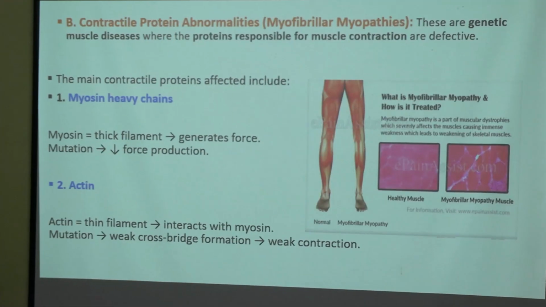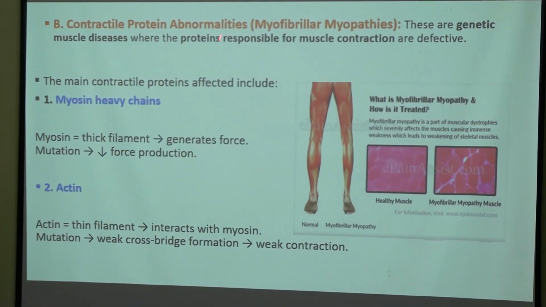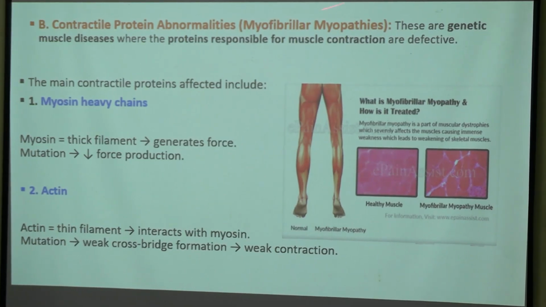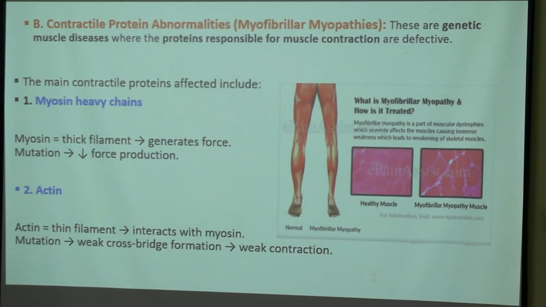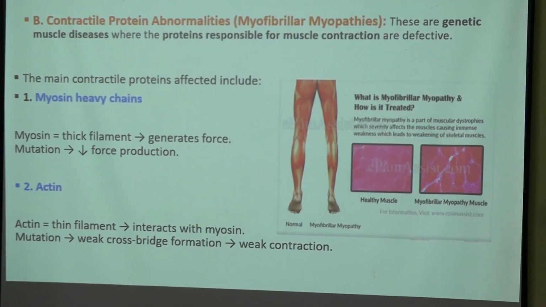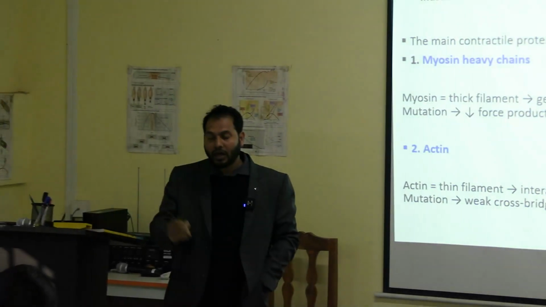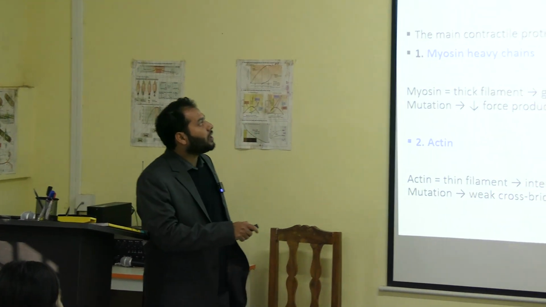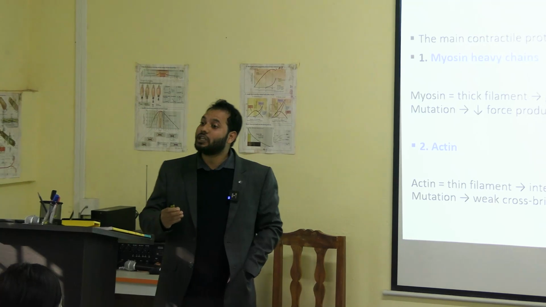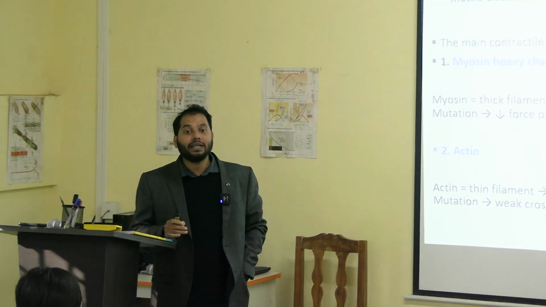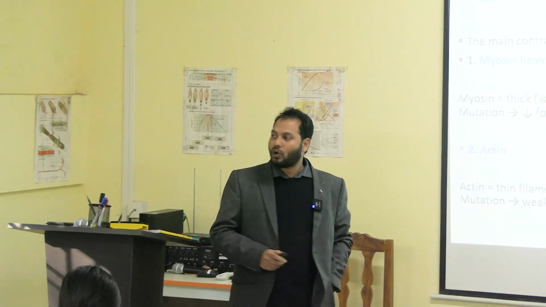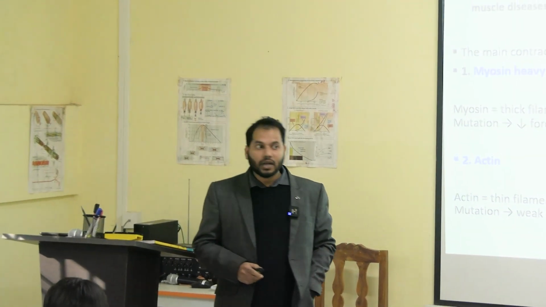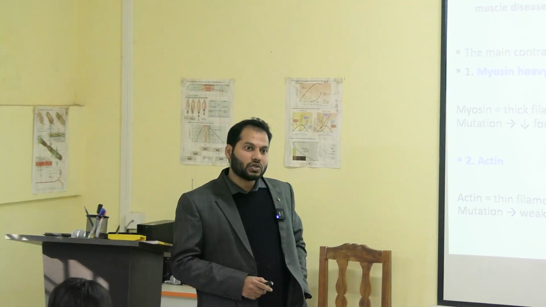Now another important type is contractile protein abnormalities, which is also known as myofibrillar myopathies, right? So this is again another important type of myopathy. In the previous case we saw a defect in the sarcolemma, but the feature of myofibrillar myopathy is a defect in the contractile proteins. The most important contractile proteins are actin and myosin.